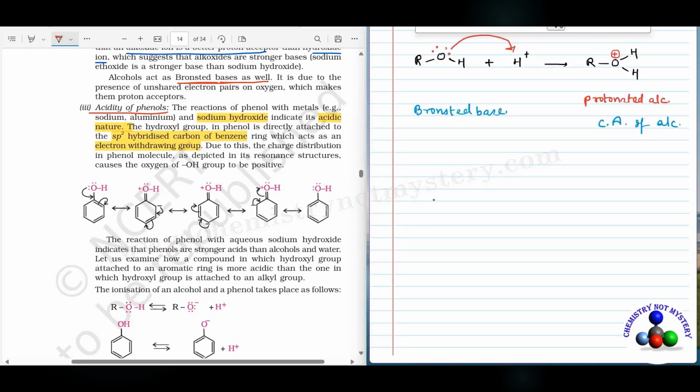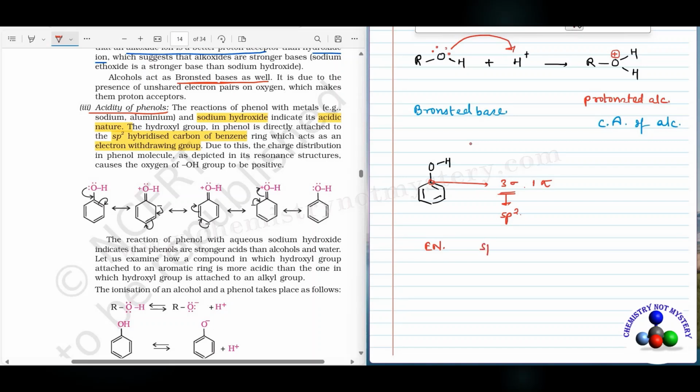So let's draw the resonating structure of phenol for better understanding. This is benzene, and here this is oxygen bonded to hydrogen. As this carbon makes 3 sigma bonds and 1 pi bond, because of the formation of 3 sigma bonds, the hybridization of this carbon will be sp2, and you know the electronegativity order of carbon.